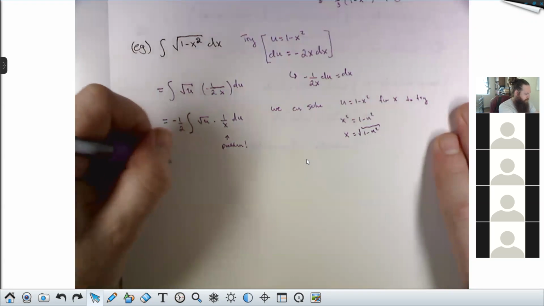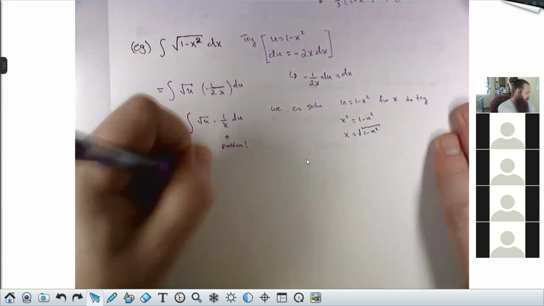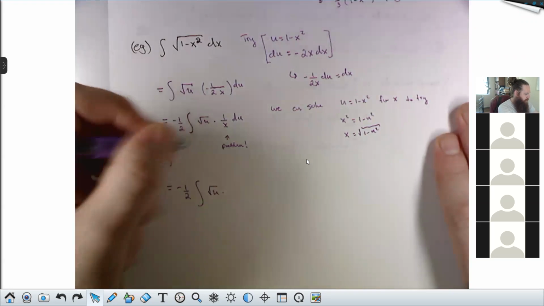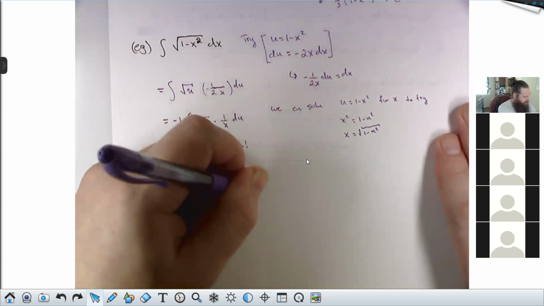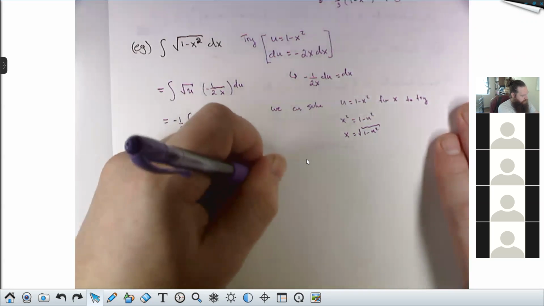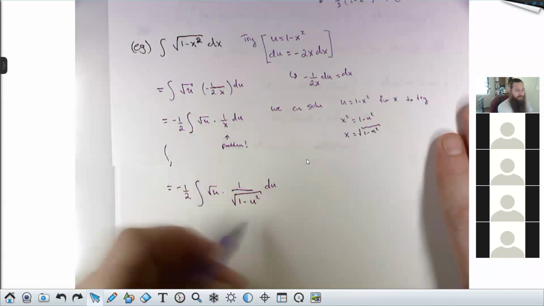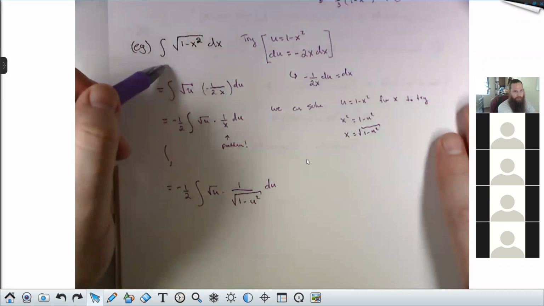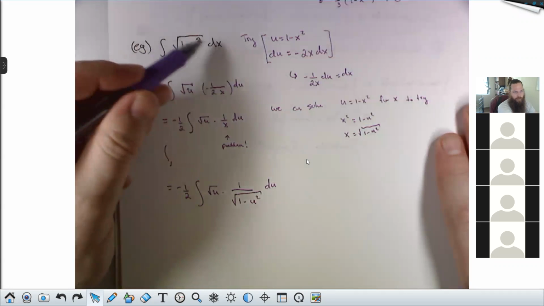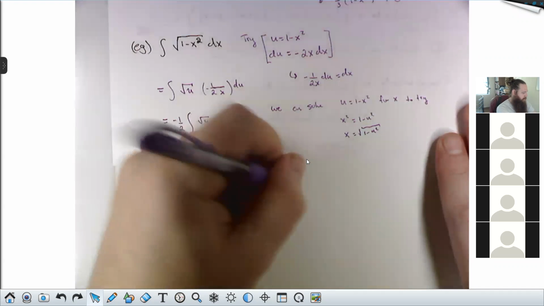So then this piece would become negative 1/2 integral square root of u times 1 over the square root of 1 minus u du. So, okay, now we've made the substitution go through, but we've made it worse. This is worse than the original. Look at the original problem. It just had the one radical, the one term underneath it. We didn't have these two things to deal with here. This is worse.